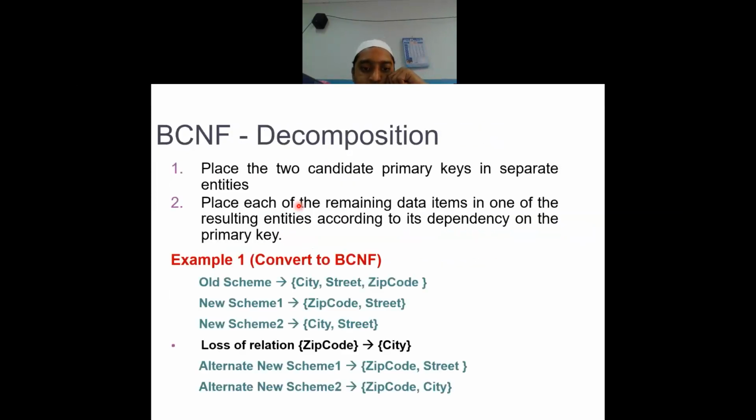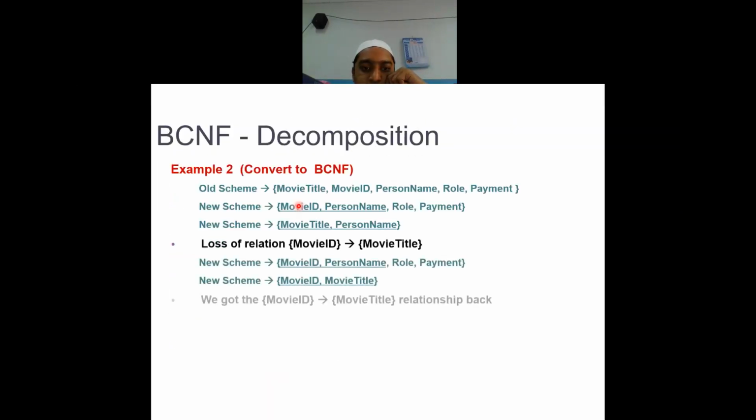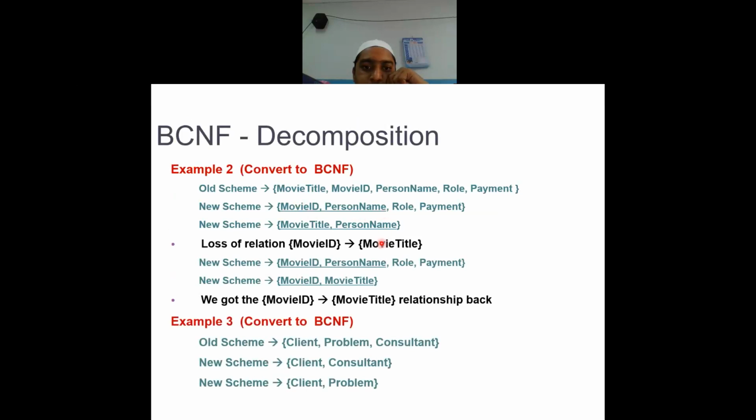So what I'm taking in the new table is the person name, which was the common column, and movie title. So person name is removed. What are the remaining ones? Movie ID, role, and payment. So these three will become the remaining original schema. So out of the old schema, we are generating two new schemas here.